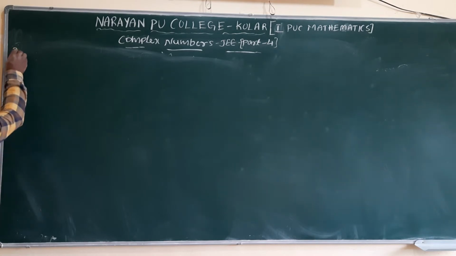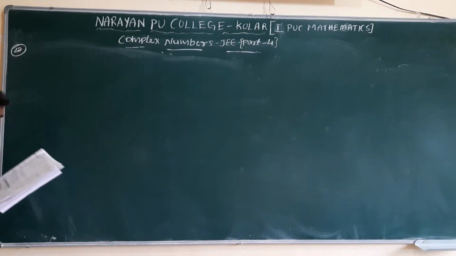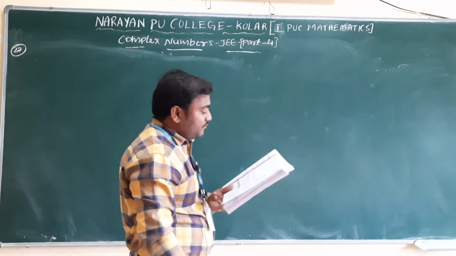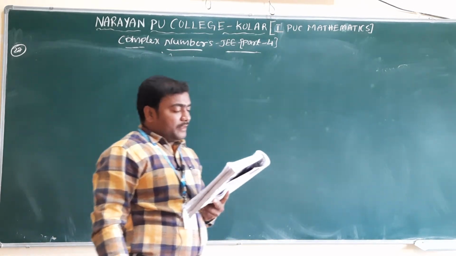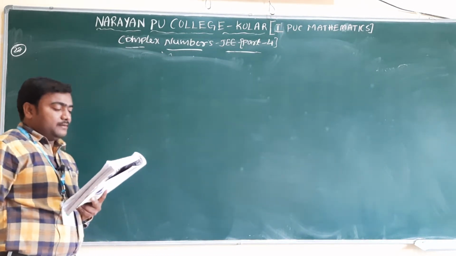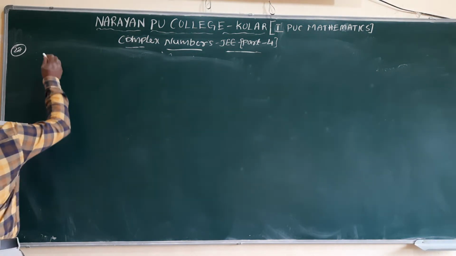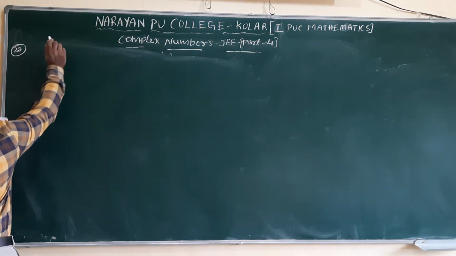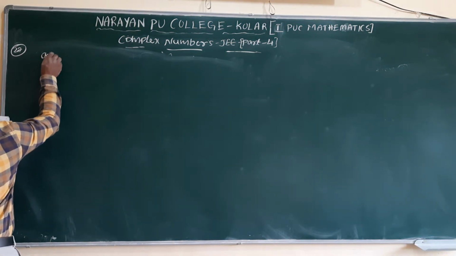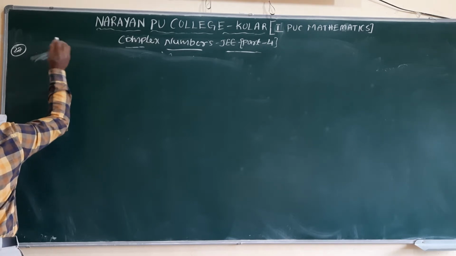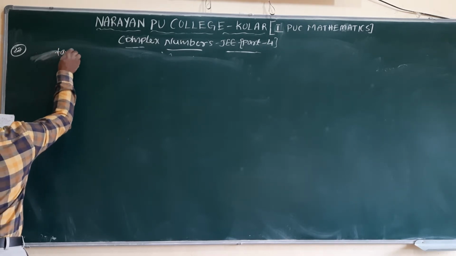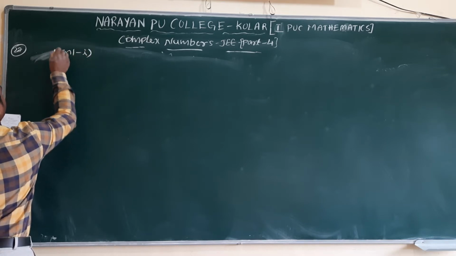Question number 27. The argument of the complex number. So we have to find the argument. So z is equal to the complex number tan 1 minus I whole square.